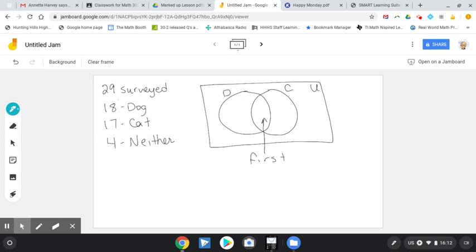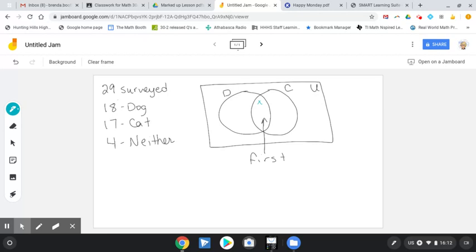So anytime in math that we don't know the number, we use a variable. So I'm going to use X for the middle number. Now what I'm putting in here in blue is kind of like my rough work.